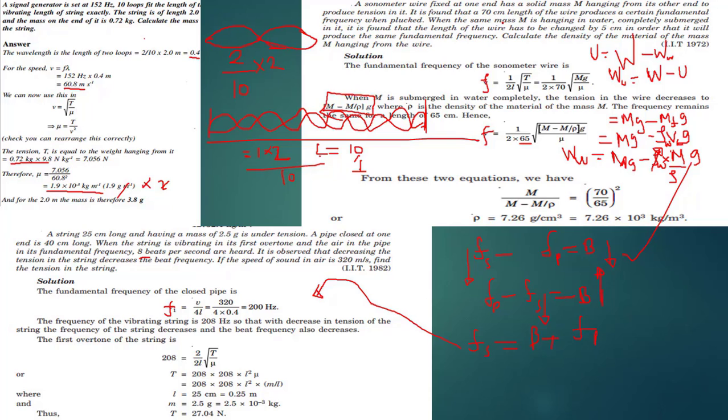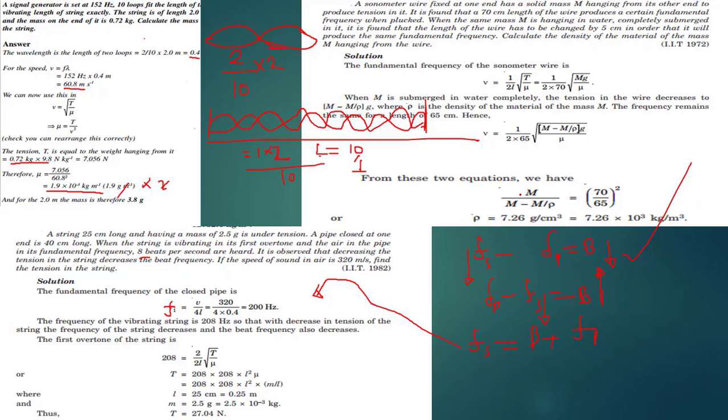Okay, that's why they say it produces the same fundamental frequency. This is very important. That means this expression equals that expression, so we can just simply divide. When you divide the two equations you get something like this, m divided by m minus m divided by density is equal to 70 divided by 65. Then from here you can solve for density.